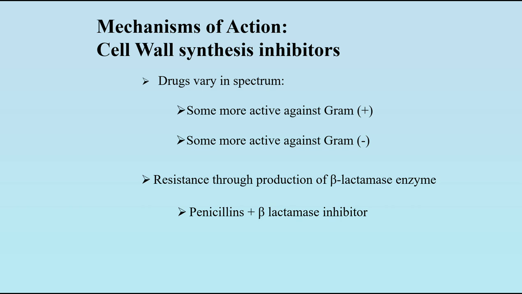So, the example is Augmentin, which consists of amoxicillin and clavulanic acid. So, this is how the scientists are developing drugs and overcoming the resistance which is being developed by the bacteria.